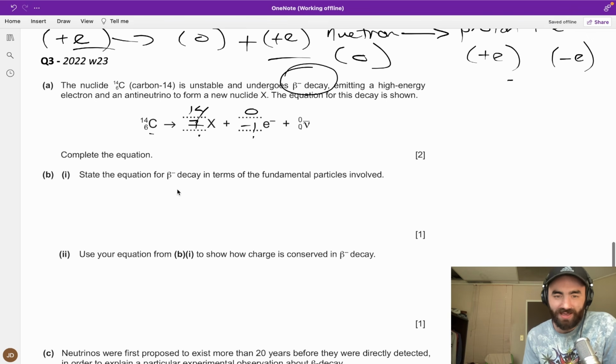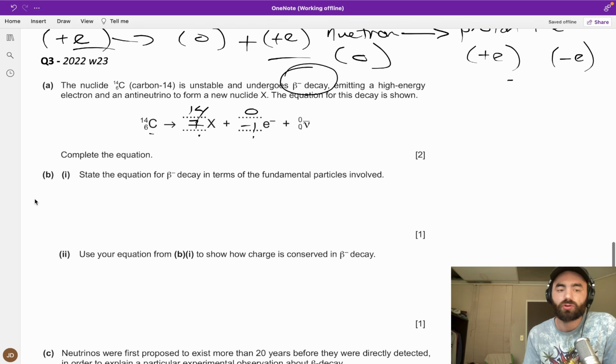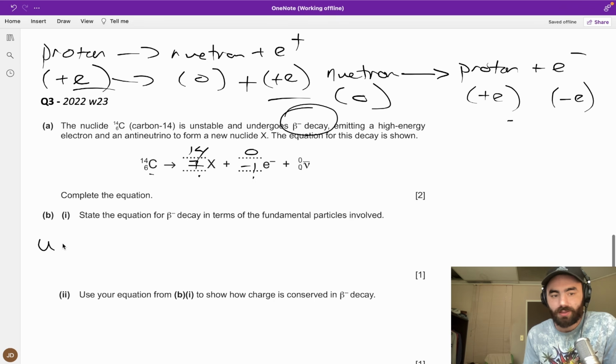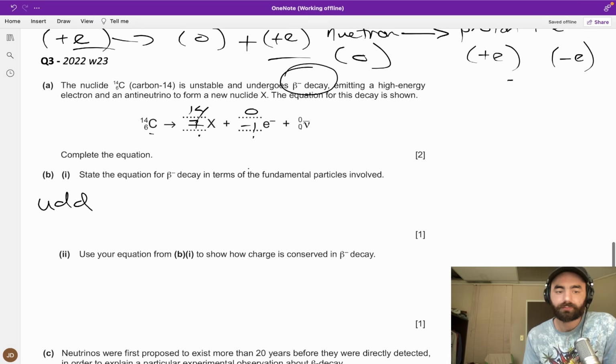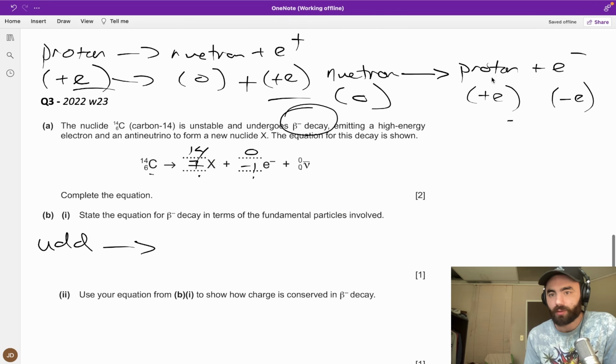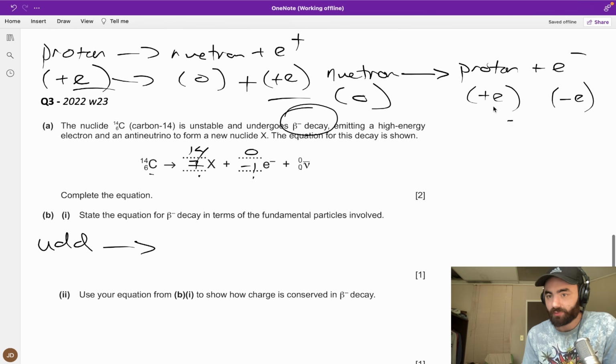State an equation for the beta decay in terms of fundamental particles involved. Well, in terms of the fundamental particles, what do we have going on? We have a neutron. What is the quark construction of a neutron? It will give a 0 charge, so it will be up, down, down. There are notes on this at the end here. Up, down, down going into a proton. A proton has plus e, so it will be up, up, down.